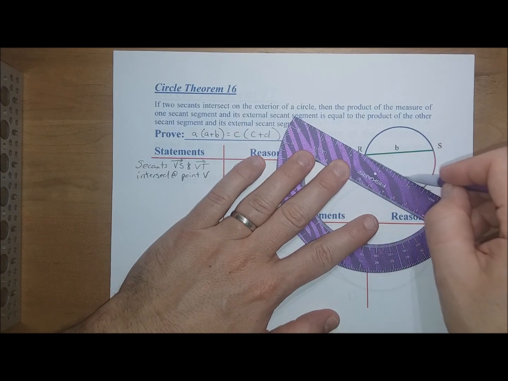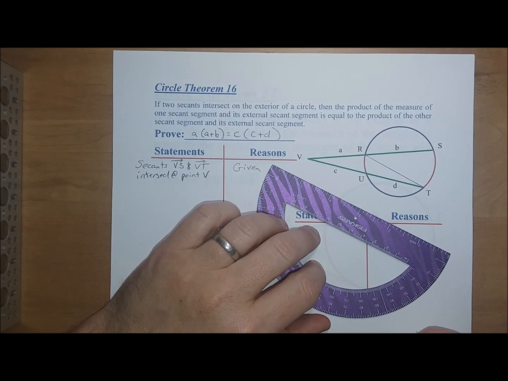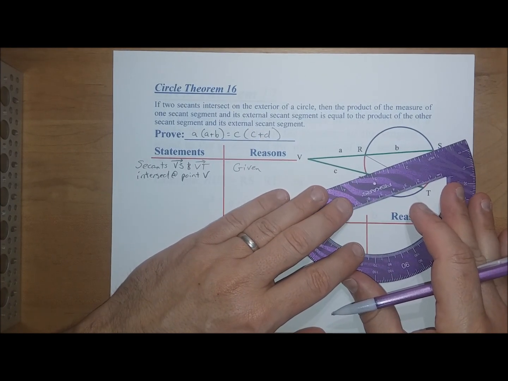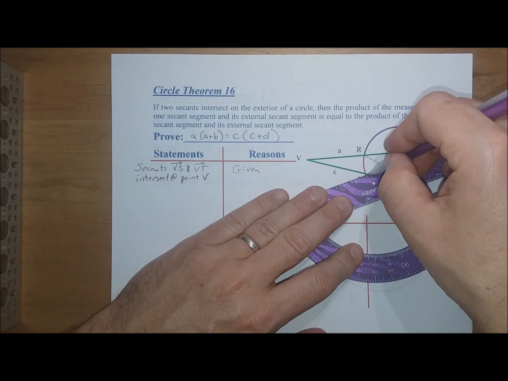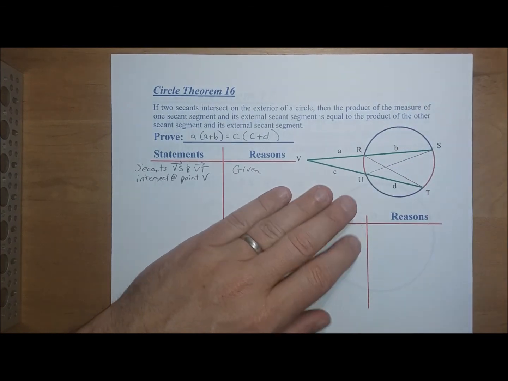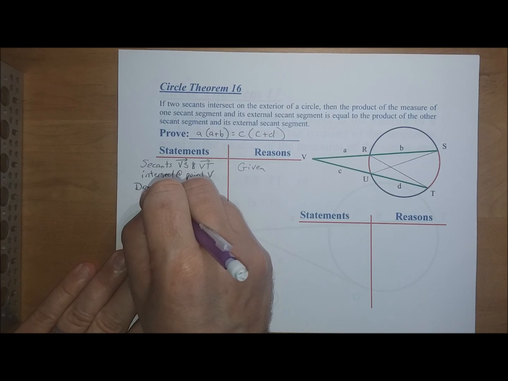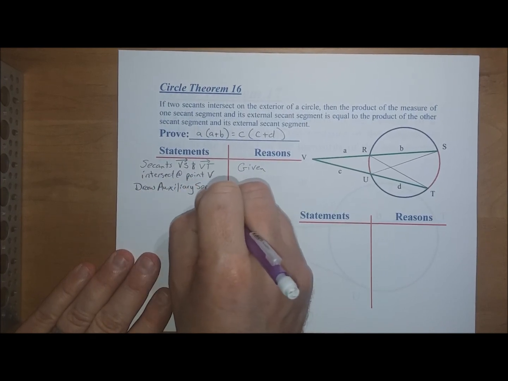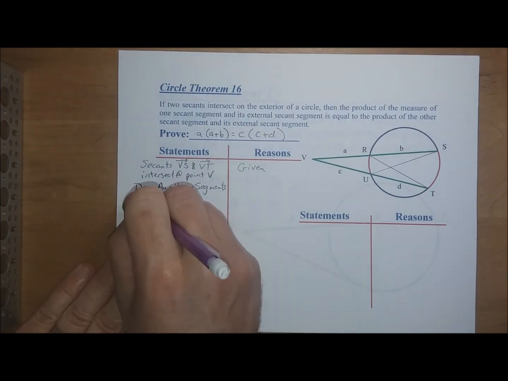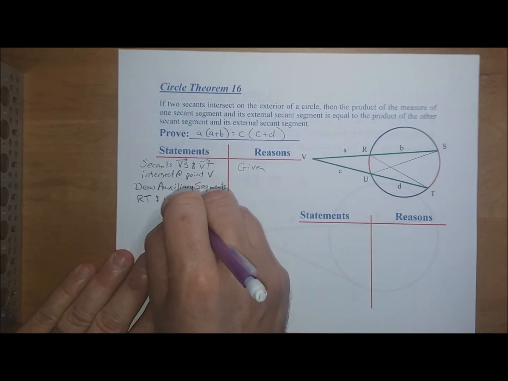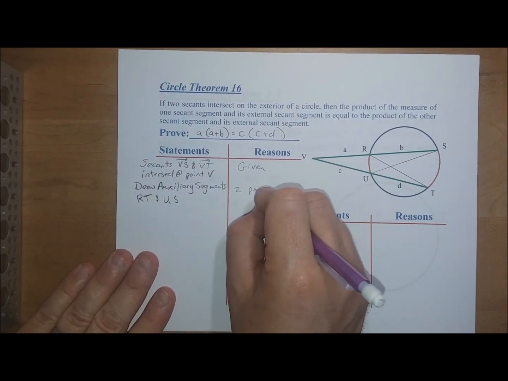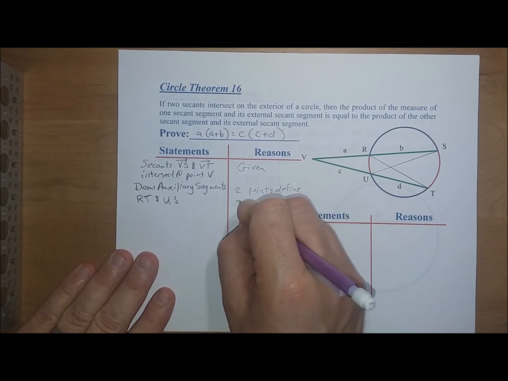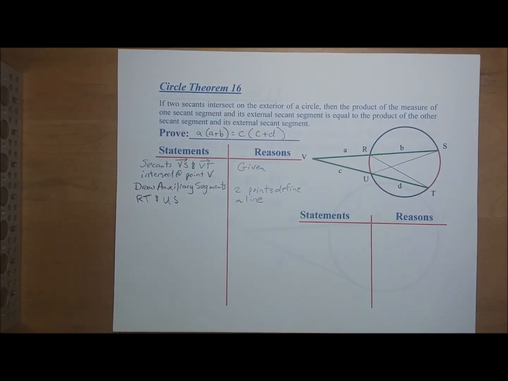I'm going to go ahead and just connect R to T. I'm going to do the same thing with U to S. Okay, so I'm drawing auxiliary segments RT and US, because 2 points define a line, and on those lines I can pick off segments. Okay, good.